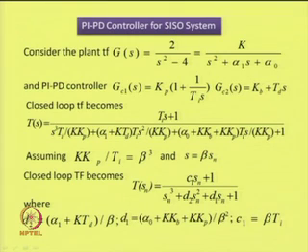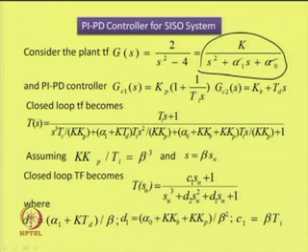Initially, we shall consider a plant transfer function of the form shown over here, which is having a numerator k and denominator s square plus alpha 1 s plus alpha 0. This all pole transfer function can assume different forms depending on the values of alpha 1 and alpha 0.